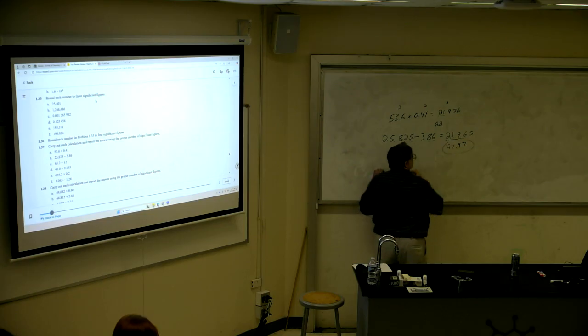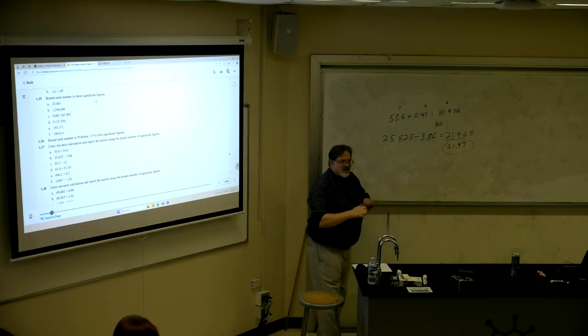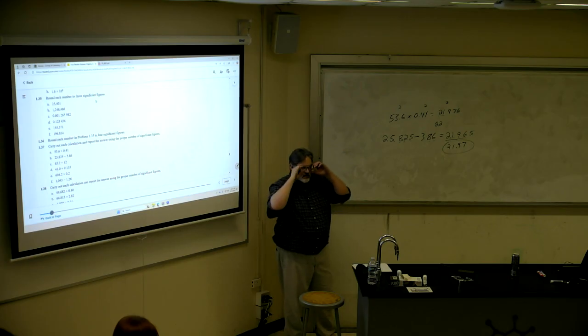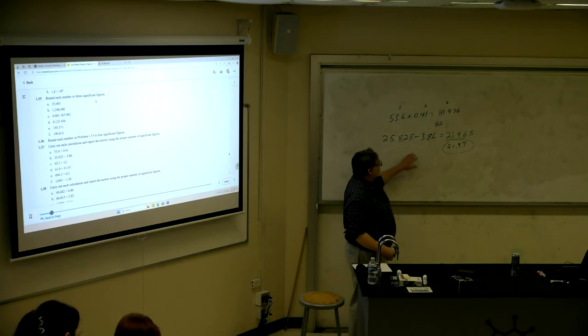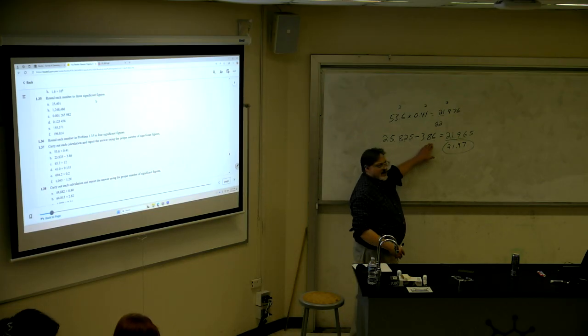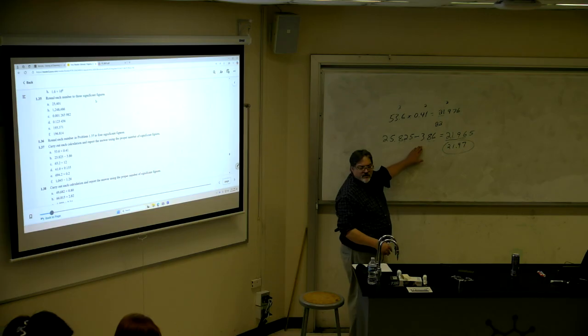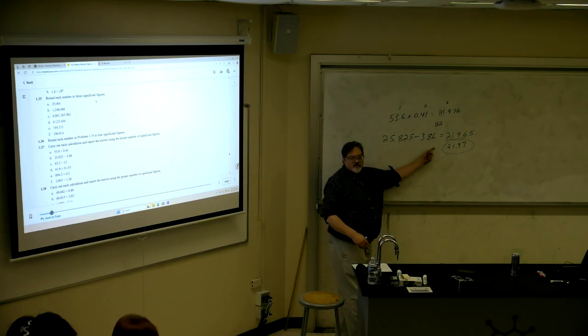And that's the answer. Addition subtraction rule, you deal with what's after the decimal. It's not the overall. This is overall 5 significant figures. This is overall 3.